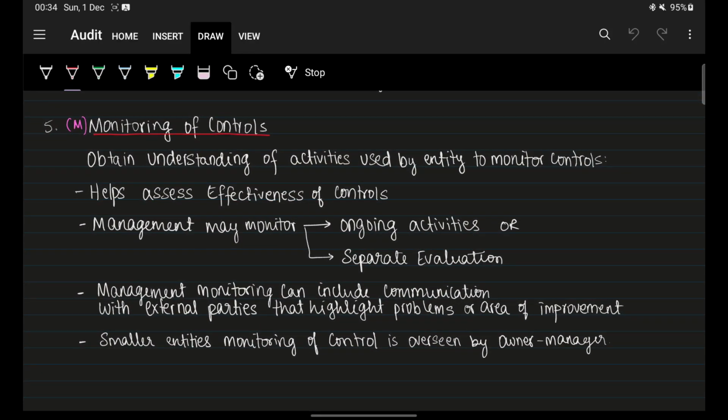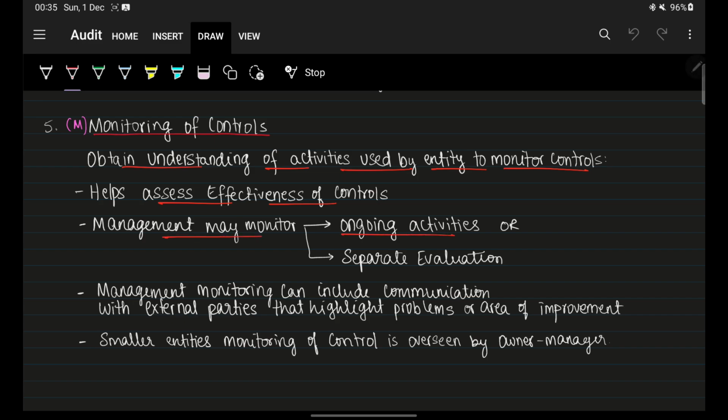Okay, so in this, let's go point by point. How we have to understand this component: the auditor has to obtain an understanding of activities that are used by the entity to monitor the controls. It helps assess the effectiveness of controls. So if there is good monitoring, then effectiveness is high. If there is bad monitoring, then the controls are less effective.